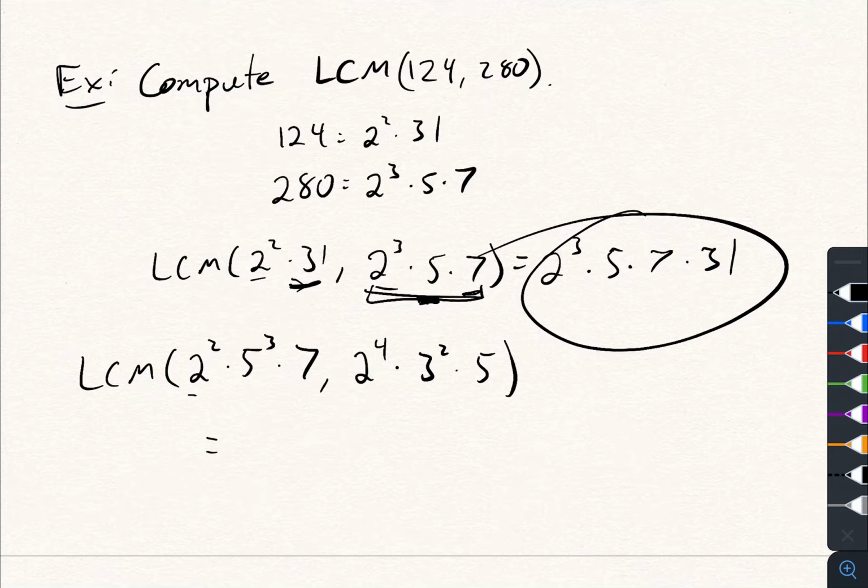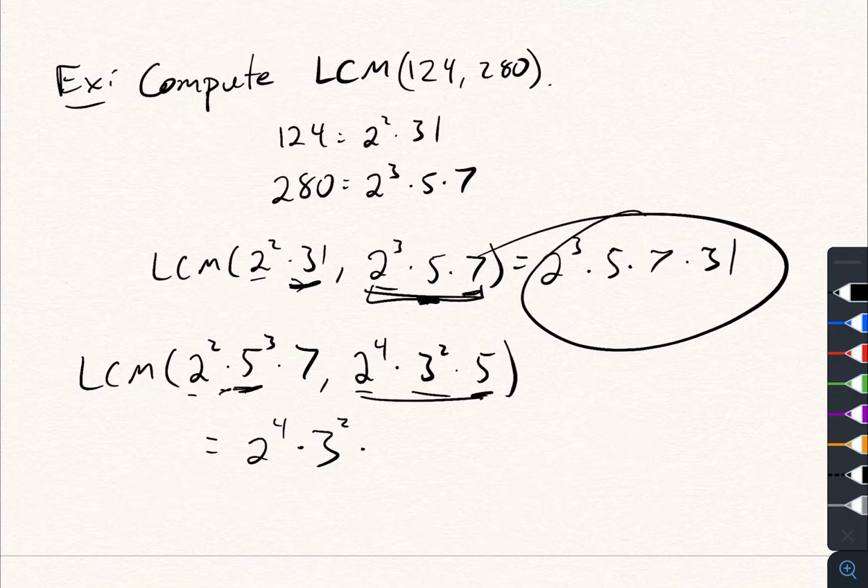Okay, so 2 squared and 2 to the fourth, I need to just pick the bigger exponent between the two. So 2 to the fourth. Okay, what about powers of 3? It has to be a multiple of 3 squared because it's a multiple of that number. There's no 3's over here, so I just need to have a 3 squared. 5 cubed versus 5 to the first.